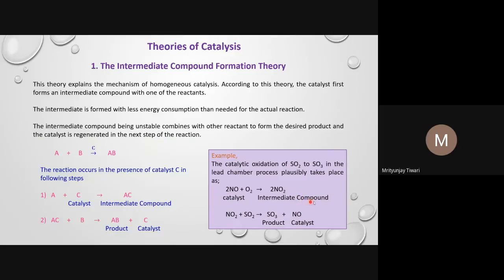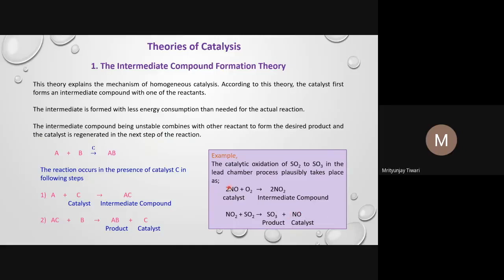Now this nitrogen dioxide gas reacts with SO2 gas, the other reactant. This intermediate compound, which is not that stable, reacts with sulfur dioxide to form sulfur trioxide as a product, plus NO gas, and this NO gas is the catalyst.